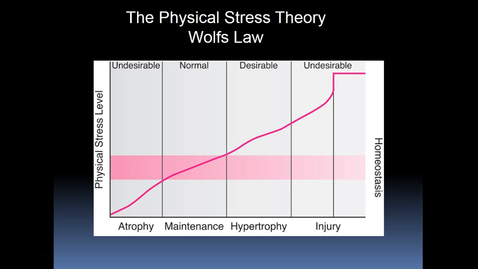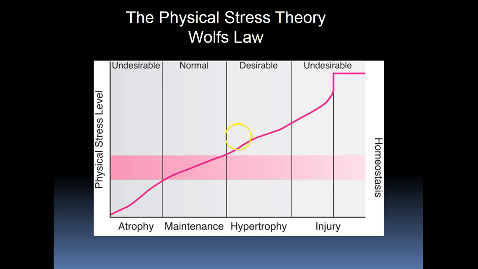In other words, we get an increase in muscle mass and this ability of that connective tissue to withstand the forces. And ideally we have a patient who doesn't get injured because they have strong enough connective tissue to support the desired demands for that particular body.